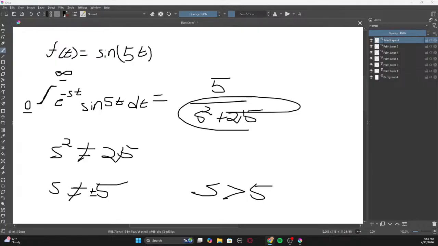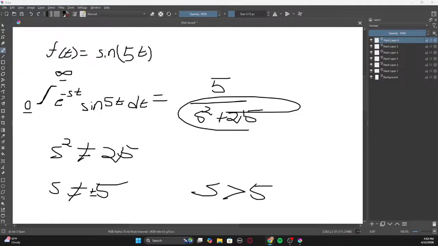I should at least put something with syntax errors. You know what? I'm going to be real silly, and I'm just going to say s cannot be equal to 5i. I can't do that either. Okay, s greater than 0. I guess that makes sense.